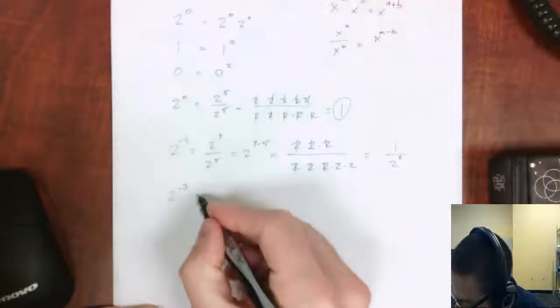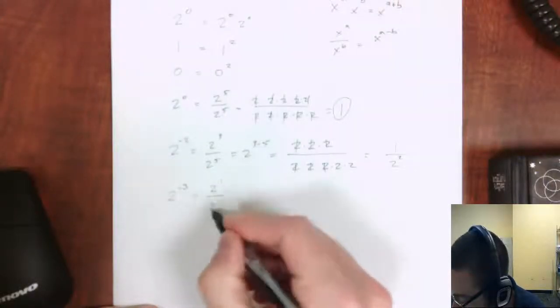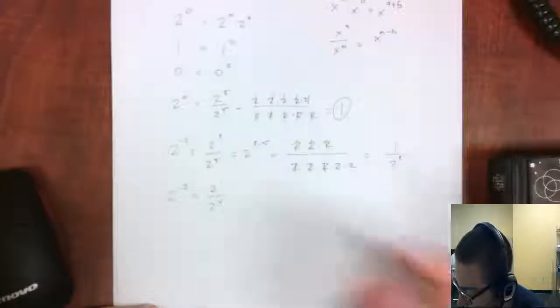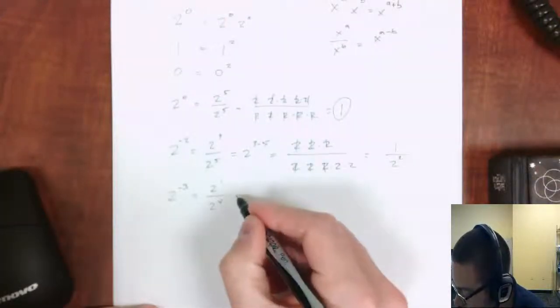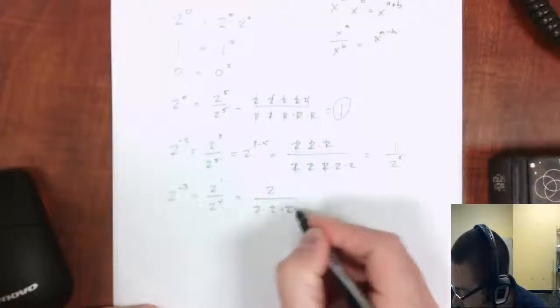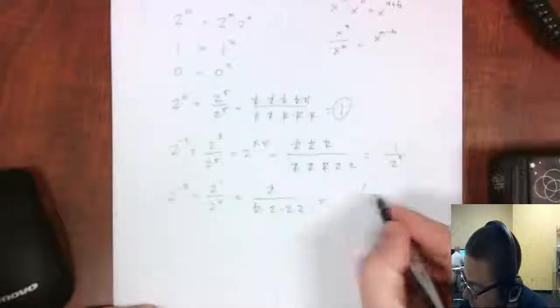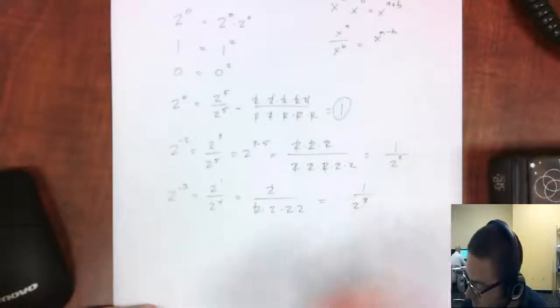So 2 to the minus 3, what's that? Let's do 2 to the 1st over 2 to the 4th, right? 1 minus 4 would be negative 3. So this is 2 over 2 times 2 times 2, which leaves 1 over 2 to the 3rd.